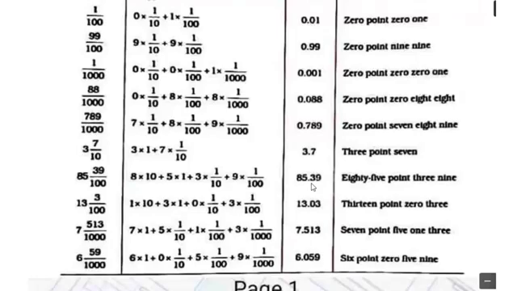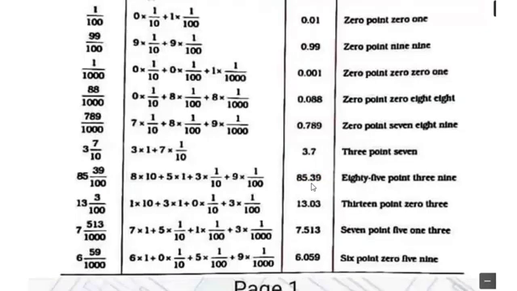Now see the next one. 85 is a whole number. 39 upon 100 is a decimal fraction. So children, here 85 will come as it is. Then 39 upon 100 means 0.39. So the answer is 85.39. Clear?